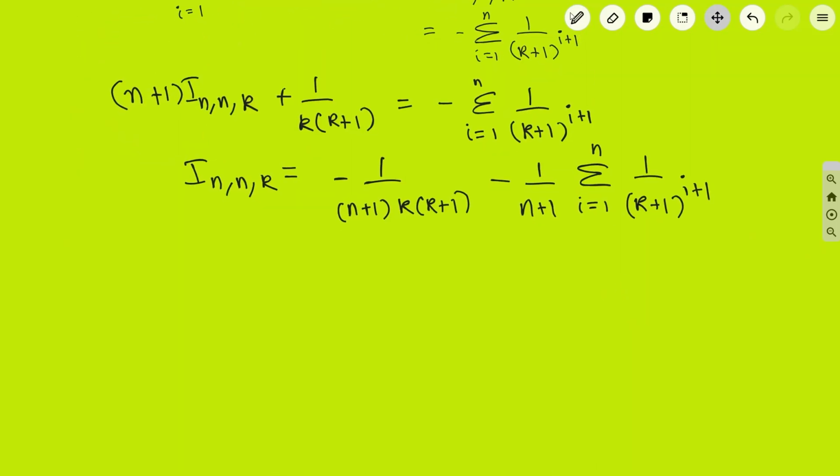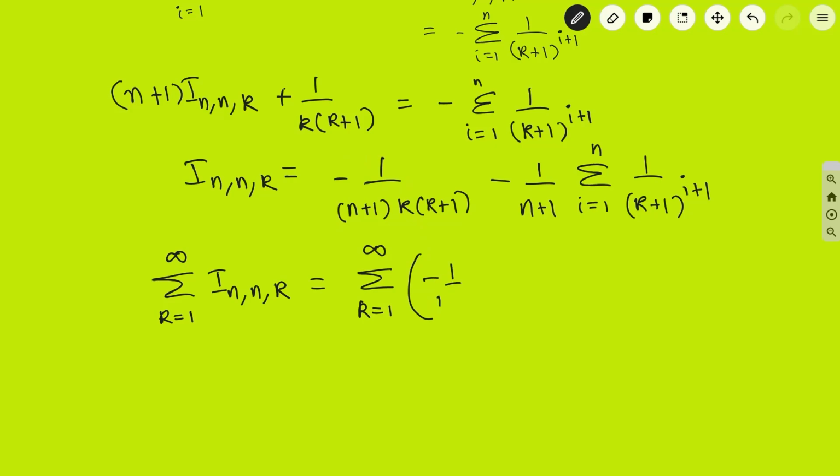So the summation from k equals 1 till infinity of I_{n,n,k} is the summation of this term: minus 1 by (n+1) k(k+1), and then minus 1 by (n+1), summation i from 1 till n, 1 by (k+1) to the power i plus 1.